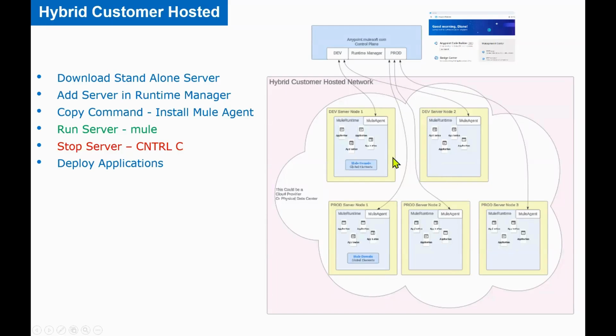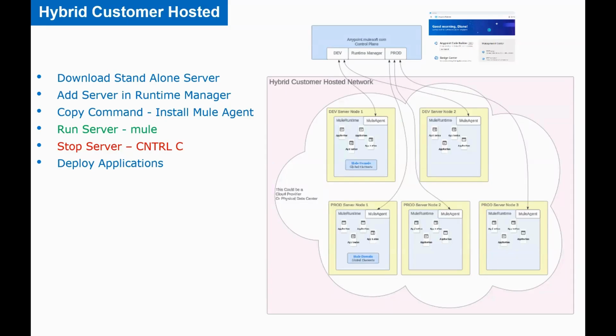But the dev servers will connect to the dev environment in the runtime manager, and the prod servers will connect to the prod environment in the runtime manager. That's very realistic. That's real world. Now, you likely would have dev, test, stage, prod. You know, there's different kinds of environments you might have. So we're going to replicate that as close as possible to the real world.